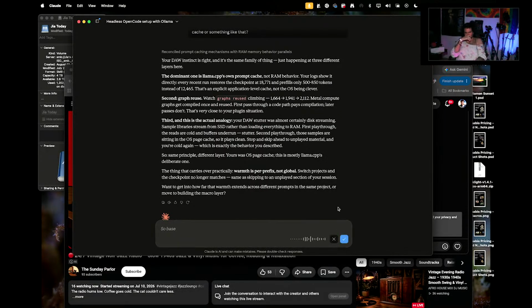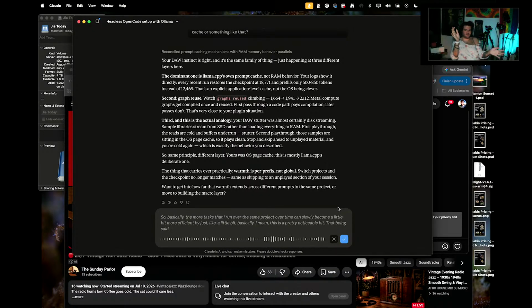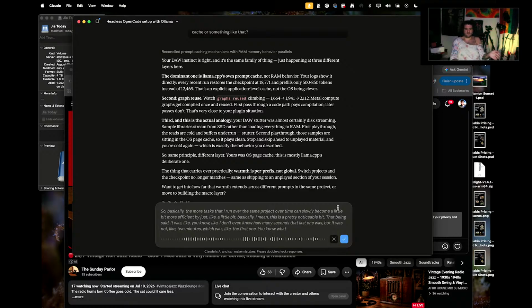So basically, the more tasks that I run over the same project over time can slowly become a little bit more efficient. I mean, this is a pretty noticeable bit. That being said, I don't even know how many seconds that last one was, but it was not 2 minutes, which was the first one, you know what I mean?